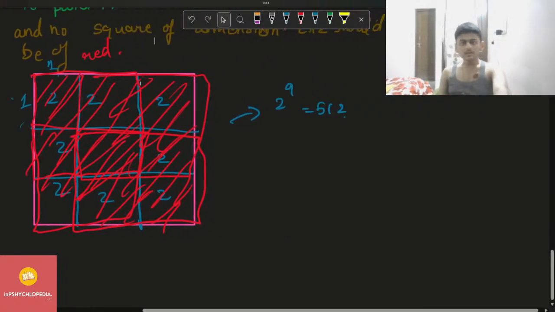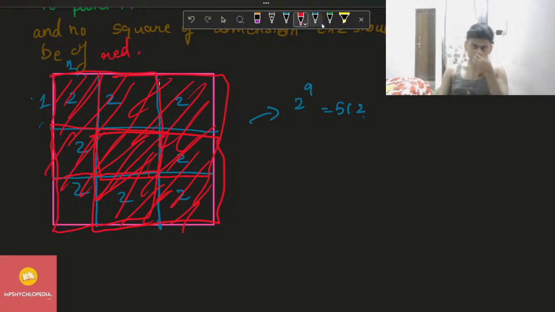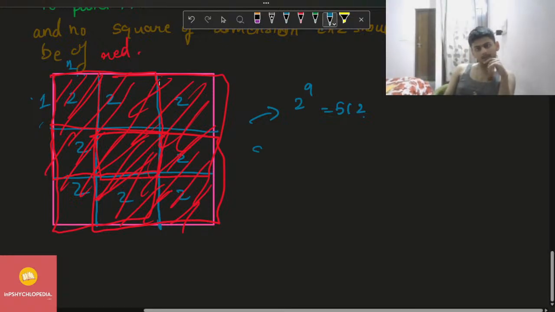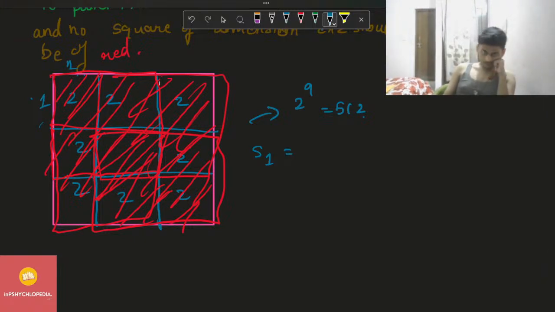Now let us use the principle of inclusion and exclusion. Here S1 will be the total number of ways, so it will be 512. S2 will be, for each set, the number of ways in which this can be painted.